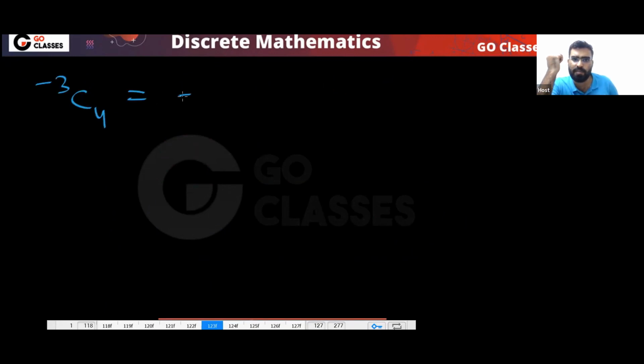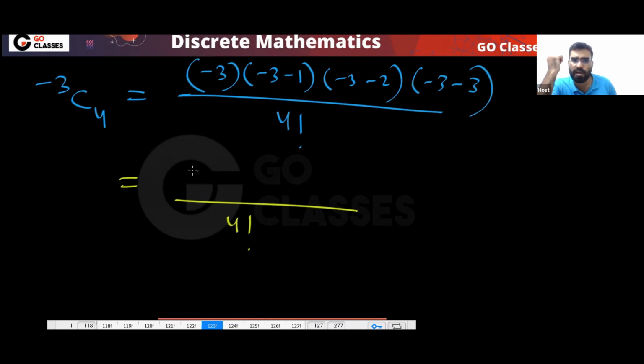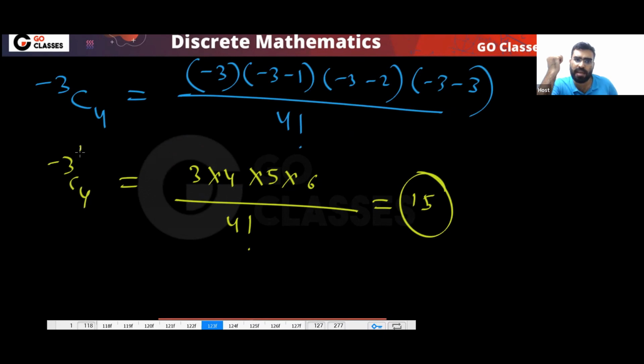That will be 4 factorial, and this is your n: minus 3, minus 3 minus 1, minus 3 minus 2, minus 3 minus 3. So total 4 terms we have to write. Now the answer will be very simple. That will be 3 multiplied by 4 multiplied by 5 multiplied by 6 divided by 4 factorial. So the answer will be, I think, 15. So minus 3 C4 is 15.